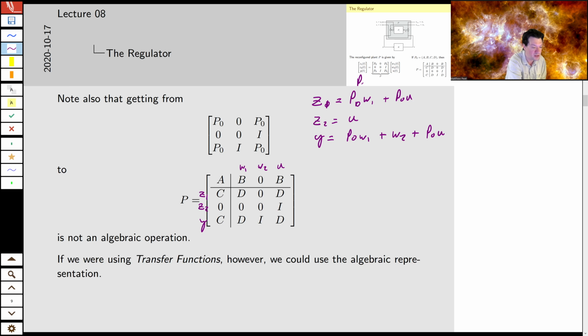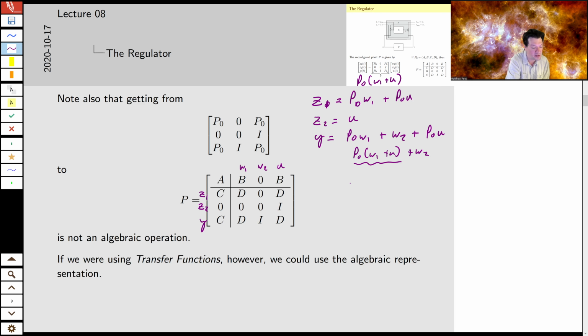So we've got P naught W1 plus U right here, and P naught W1 plus U plus W2. So we write down an expression for the output of this thing here.